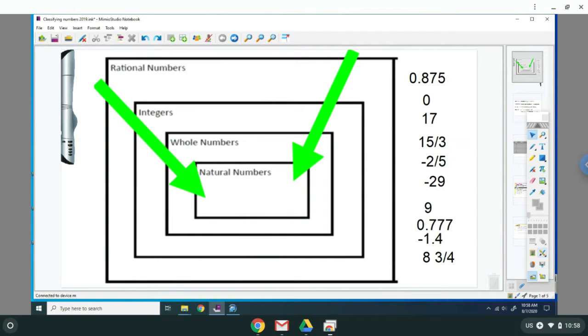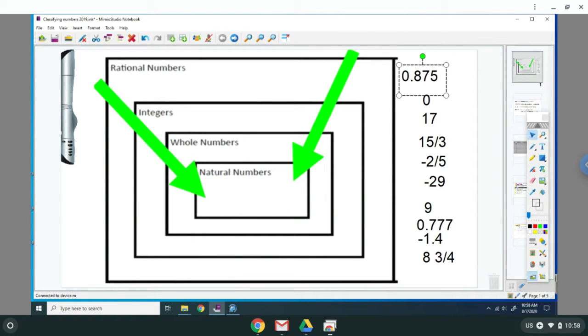So I like to play a game with this diagram that you see because it gets harder and harder to get to the center. Since it gets harder and harder to get to the center, you start losing off some numbers. So I like to basically ask myself, it's like a club. Rational numbers is a line.